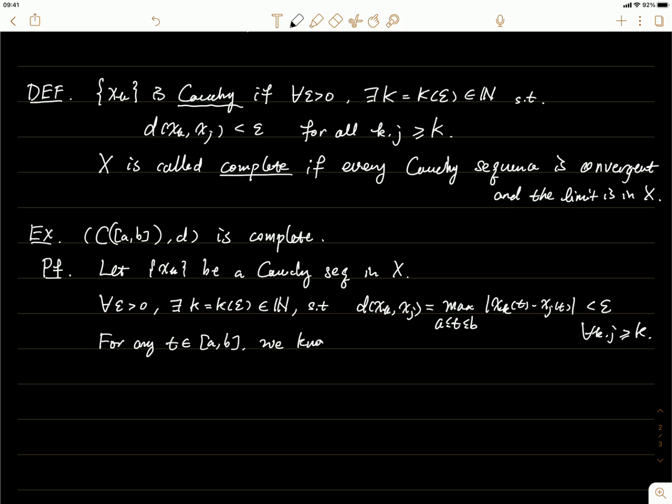For any specific point t, we know that |x_k(t) - x_j(t)| is less than or equal to this d, because the distance here is defined to be the maximum of those values over all possible t's. So for a specific t, it has to be less than or equal to this, and that is less than epsilon for any k, j greater than or equal to capital K.